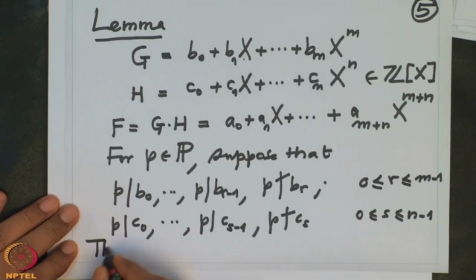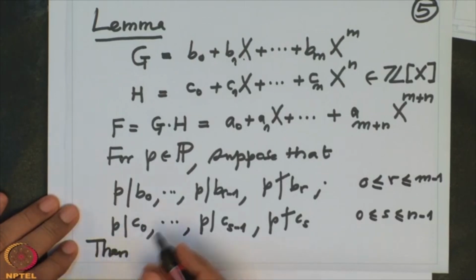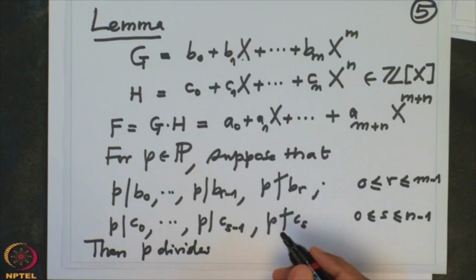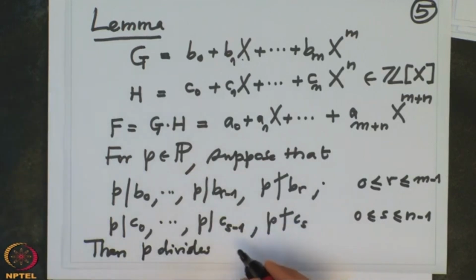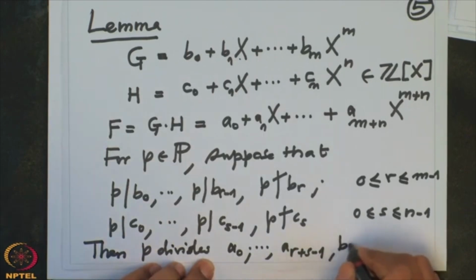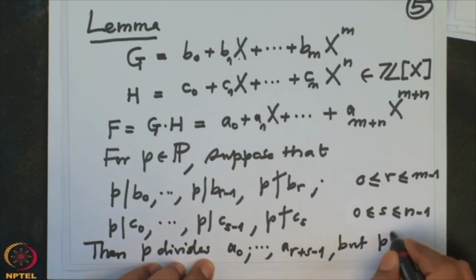Then, if that is the case, the statement is that p divides the coefficients a0 up to a(r+s-1), but p doesn't divide the next one, a(r+s).